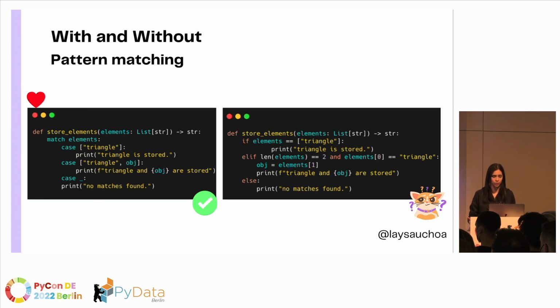A triangle is stored. In the second one, we already have two elements. The first one is triangle, the second one is object. Do I need to know object? No. Actually, in this case, what is called binding happens. We are binding whatever is in the second position of the list to this variable called object, and then we can reuse it in the execution block. This only exists in that context. Afterwards you cannot find object and try to print it or something like this.